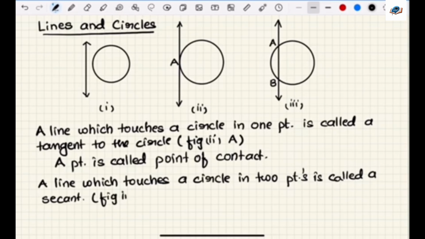Figure 3. Now, if I talk about tangents, I can have infinite tangents to a circle at different points. But at one point, I can have only one tangent.